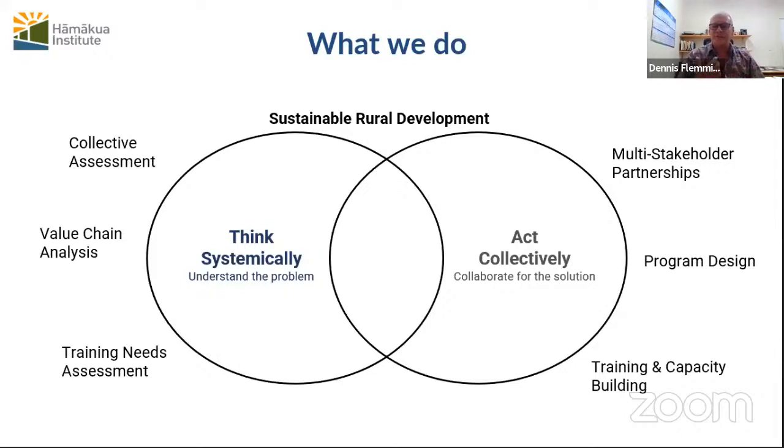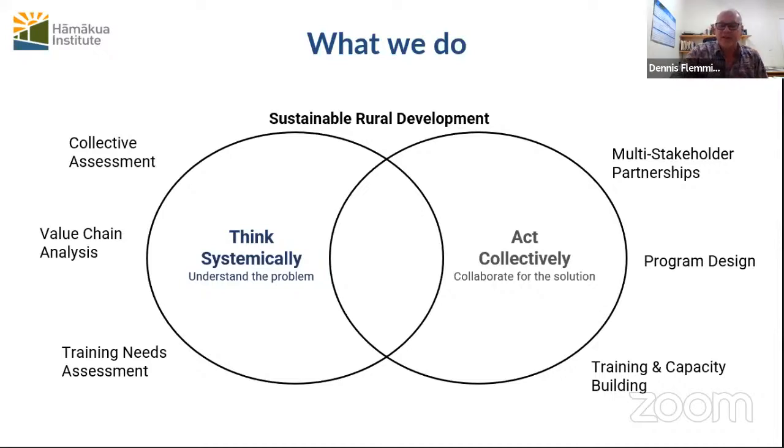And we take very participatory approaches to analysis and work with people to form partnerships and collaborative programs to address the solutions together. So we're not so much about providing services to people as much as convening and facilitating groups to work on those solutions together and to help them organize themselves in being able to do that.